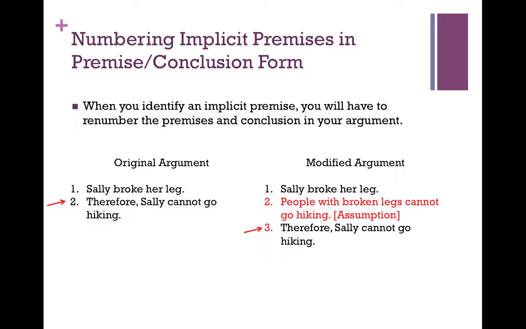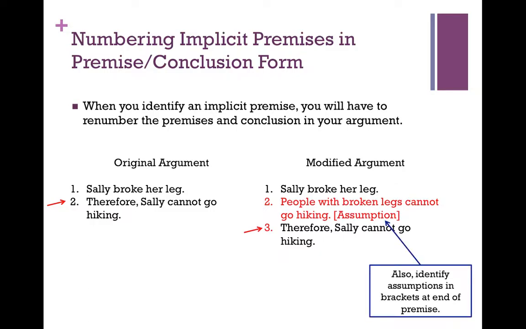Something else that's important is that whenever you identify an assumption, it's important to notify the reader by writing assumption in brackets at the end of the premise. I have it here in uppercase sometimes. If you put it in lowercase, that's not a big deal. That doesn't really matter. Just try to be consistent.